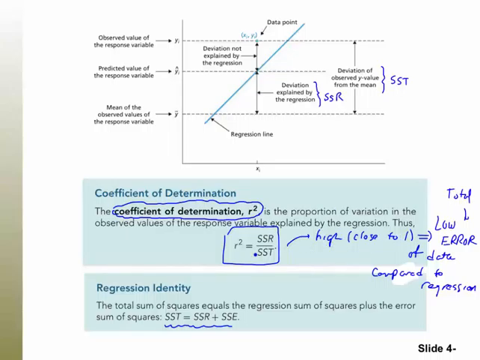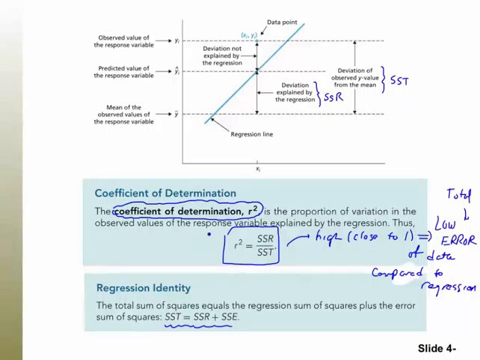Close, right? Error is low. If SSR over SST is high, then error is low. If SSR as a fraction of SST is close to 1, the fraction of the error to the SST is very low, and all your observed values are close to your regression line.